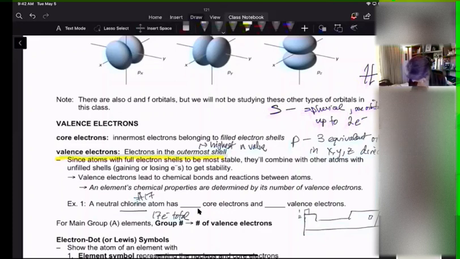So there's chlorine. In that outermost shell, these guys and these guys, I have 7 electrons in the valence shell. So 7 electrons in the n equals 3 shell. All the rest are in the core.